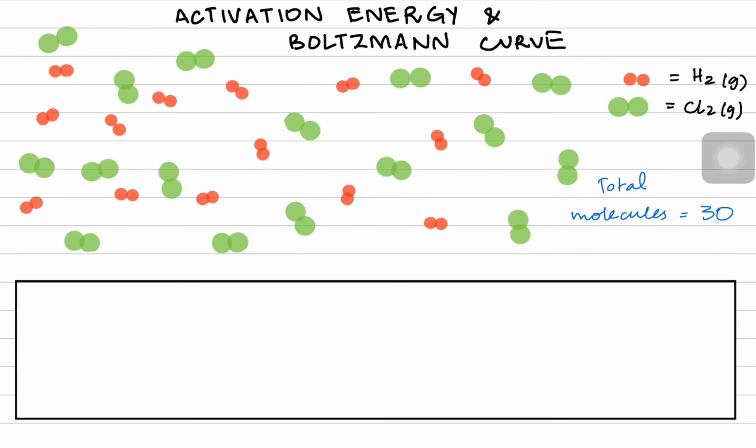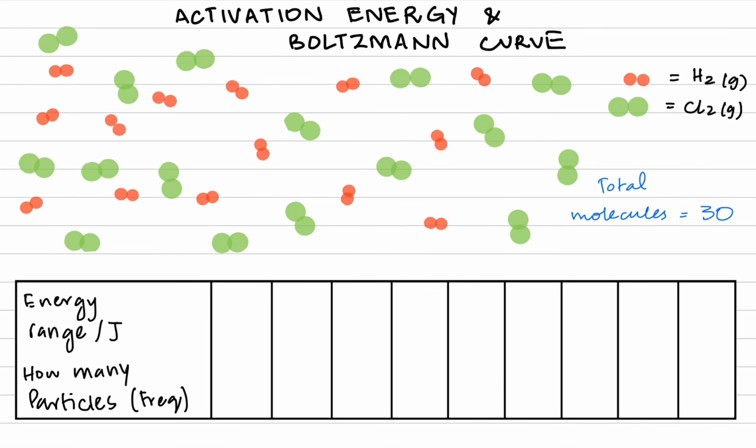Now what we are going to be doing is segregating these molecules on the basis of energy. I have energy range in joules, and then I have how many particles have that much energy, which is the frequency of those particles.